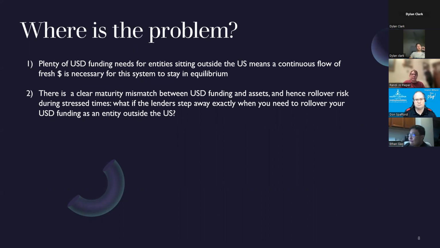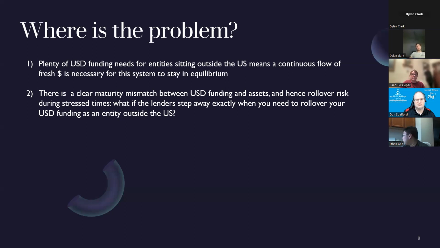Two, there's a clear maturity mismatch between US dollar funding and assets, and hence rollover risk during stress times. Like I said earlier, these contracts are on a fixed time frame to be payable at a certain date in the future. However, they do typically have a side letter or an agreement internally that allows them to roll it, say, to the next 3 months.